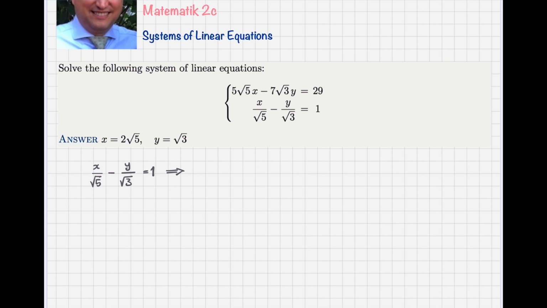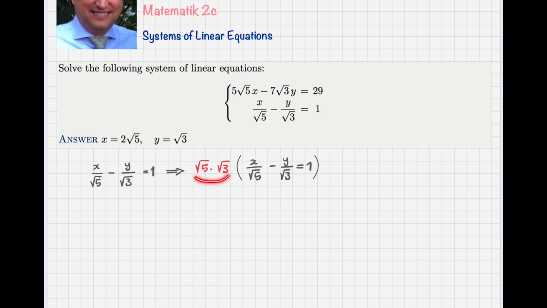I will multiply both sides of my equation by the square root of 5 times the square root of 3. Of course, this is not a very proper way of writing. I have to write this and then write another one for the right side, but you understand what's going on now.